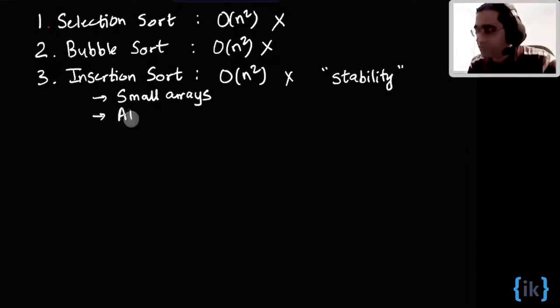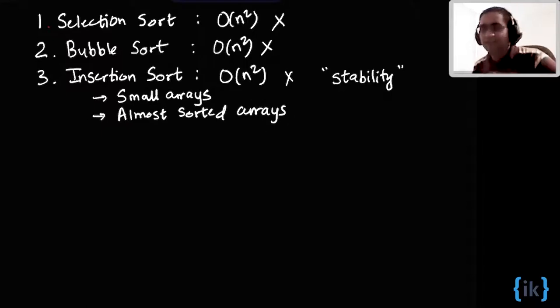Another scenario is if your array is almost sorted. Right? Maybe it's quite big. The array size is quite big, but only a few elements are out of order. Let's say 5 elements are out of order. So in that scenario, when you use insertion sort, it would end up doing work only on those 5 elements that are out of place.